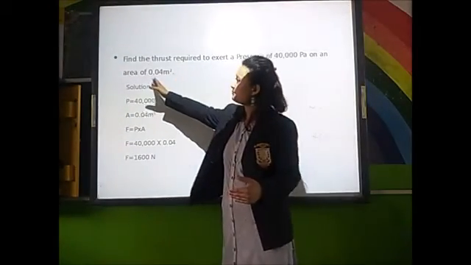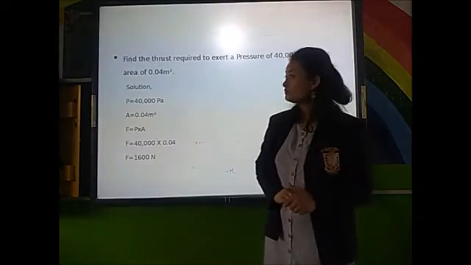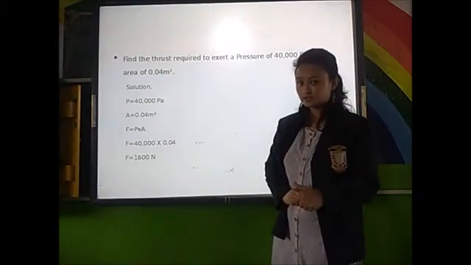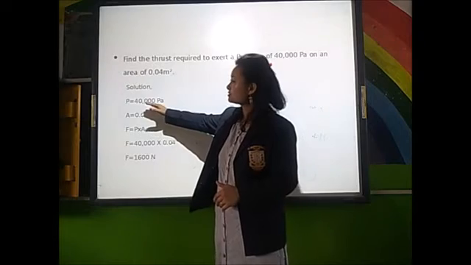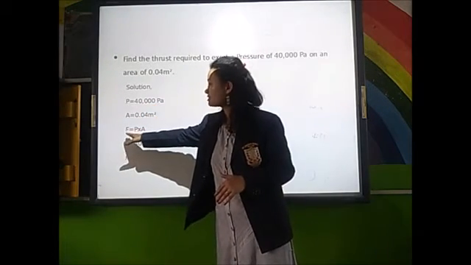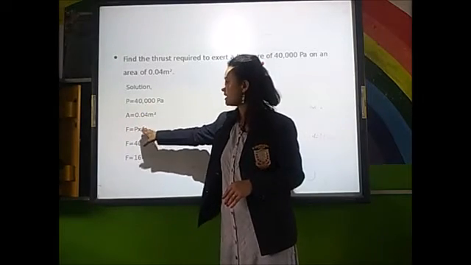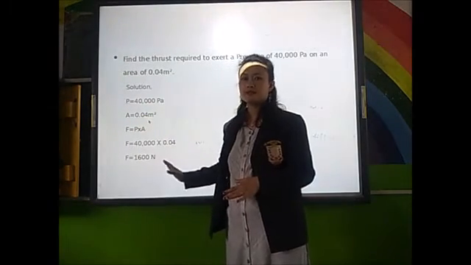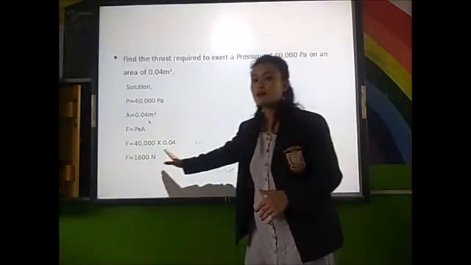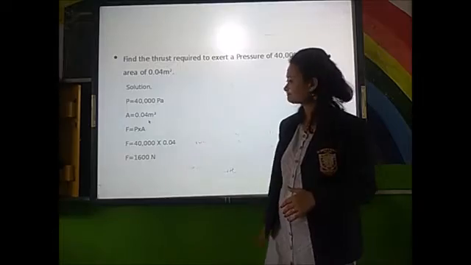And what is the area? Area is 0.04 square meter. If you are calculating force using the relation between pressure, force and area, then force is equal to pressure into area. You have the value of pressure, you have the value of area, simply multiply them and you'll get the answer. So this is how you calculate the force.